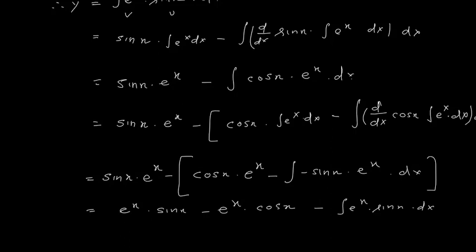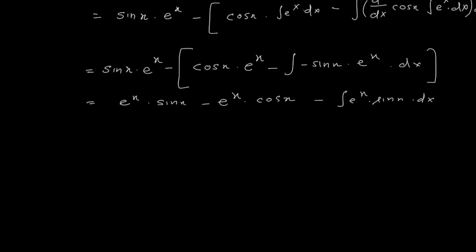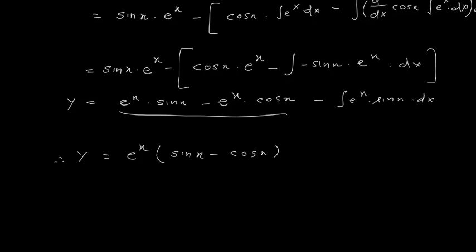Now the integral of e^x sin x dx is y, so we will replace this whole term by y. Here also I have y, so therefore y is equal to, now from here I will take e^x common, so I have e^x, inside the bracket sin x minus cos x, and here I have minus y.